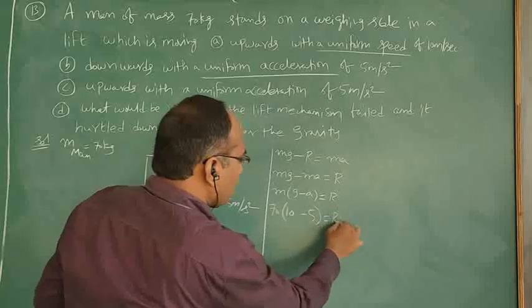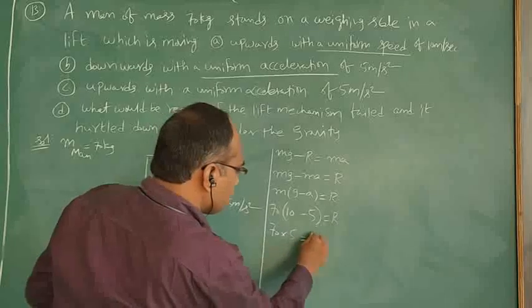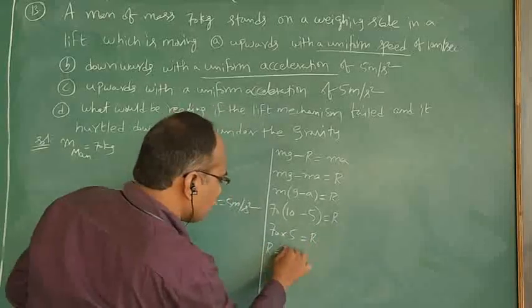So 70 into 5 is equal to R. R is equal to 350.